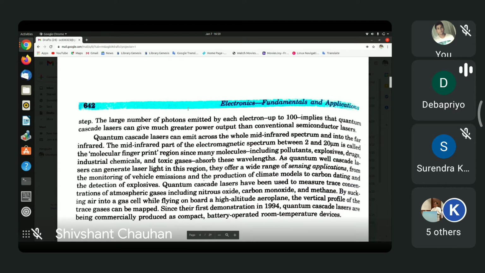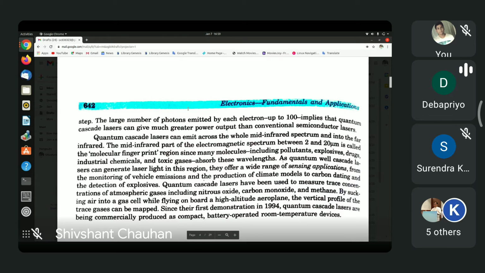Also, I must mention that if you have heard of Fourier transform infrared spectroscopy, FTIR is again a device which is used to identify the presence of certain molecules or molecular groups within a sample.